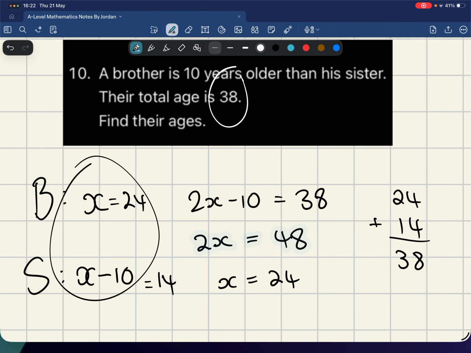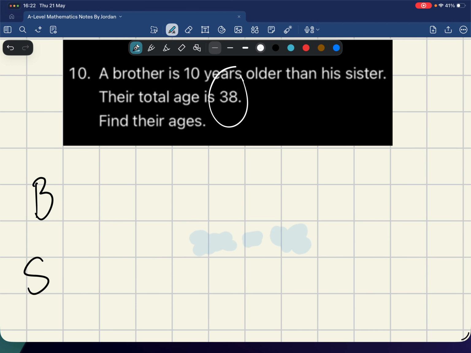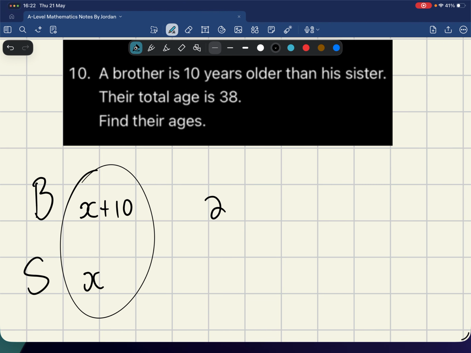You might have done it the other way, which I'll just have a go at now. So if you instead wrote the sister as being x, remembering that the sister is younger, the brother would have to be 10 years older, written like that. This time adding these together gives me 2x plus 10, and that's still equal to 38.